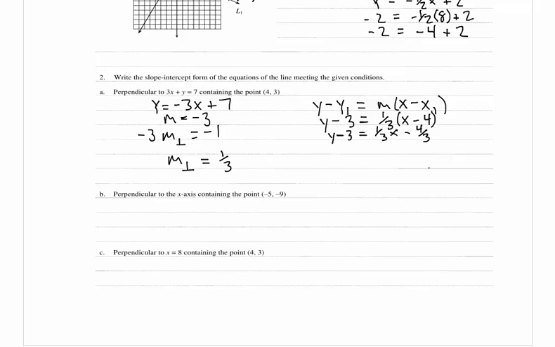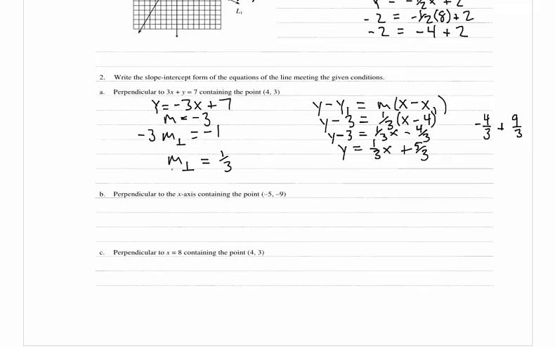And now we want to add 3 to both sides. So if we have -4/3 plus 3, we could write 3 as 9/3. So we could have y is equal to 1/3 x, and -4/3 plus 9/3 is 5/3. So we have plus 5/3.